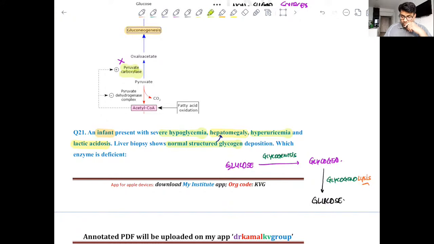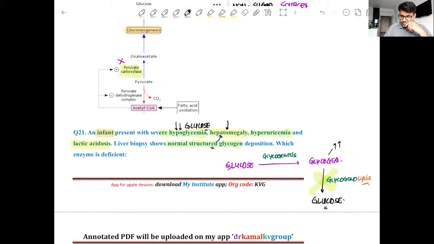So what happens? Suppose if there is any enzyme deficiency and this pathway does not occur, there will be increased amount of glycogen, especially in liver, that will lead to hepatomegaly. And since there is no formation of sugar, there will be hypoglycemia.